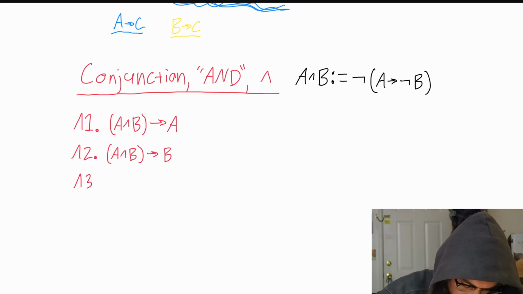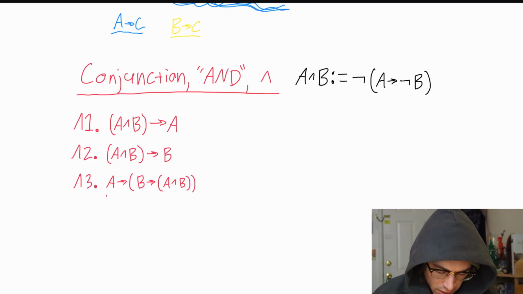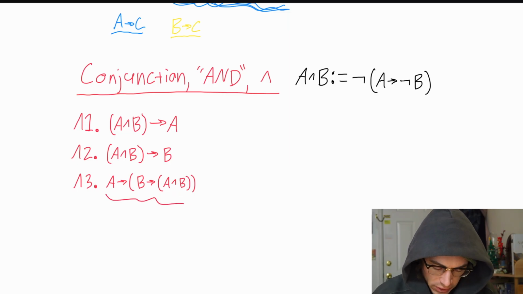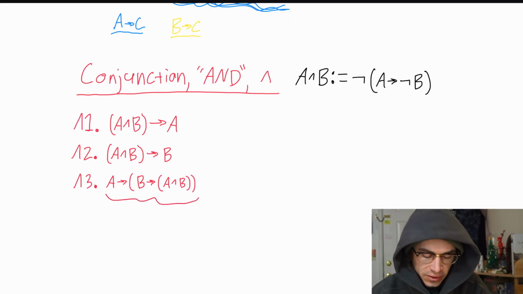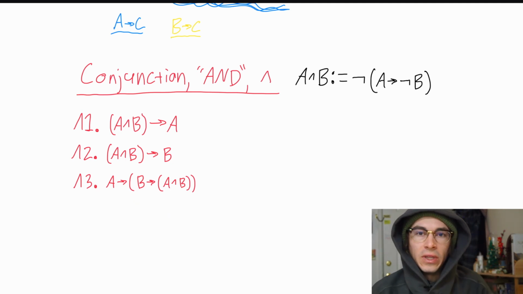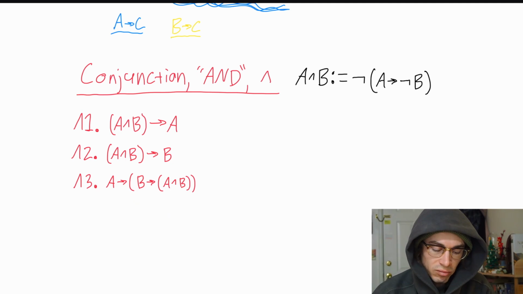The third definition is A implies B implies A and B. If A is true, then if B is true, then A and B is true. And altogether, this really just says that if A is true and B is true individually, then the whole statement A and B is true. This one goes in the opposite direction from the first two.